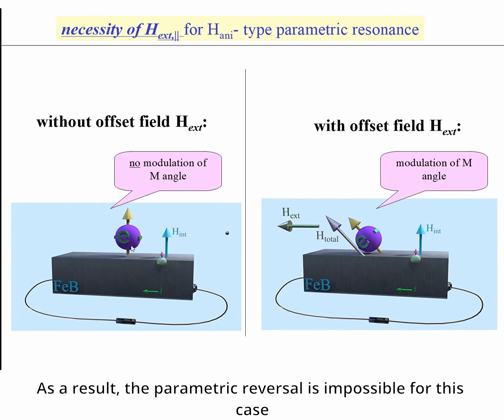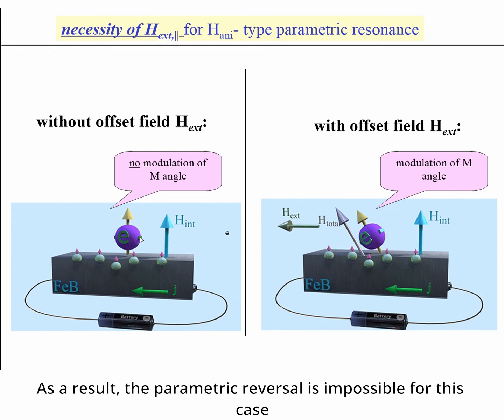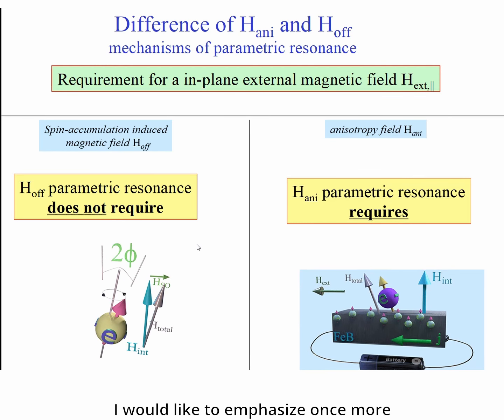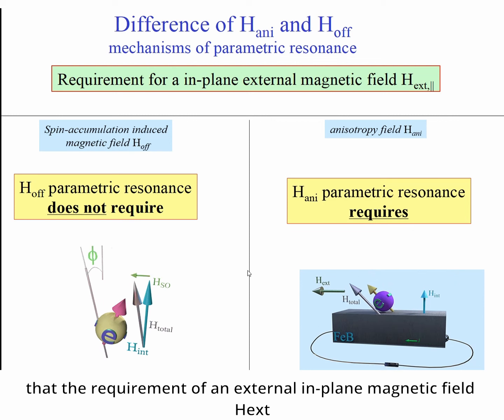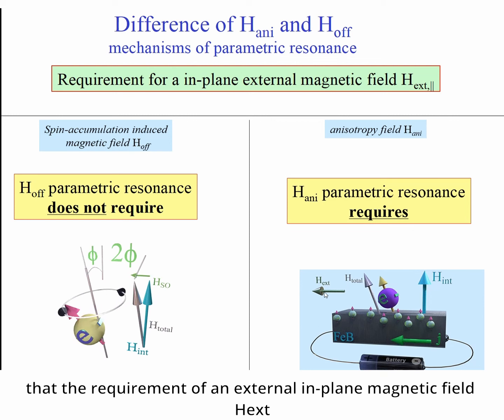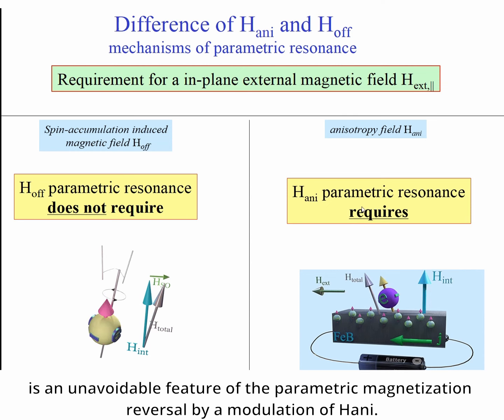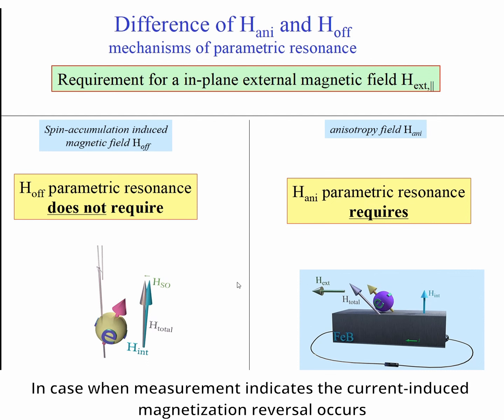As a result, the parametric reversal is impossible for this case. I would like to emphasize once more that the requirement of external in-plane magnetic field is an unavoidable feature of parametric magnetization reversal by modulation of anisotropy field.